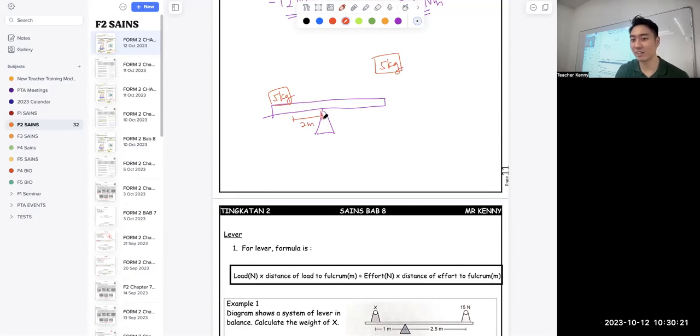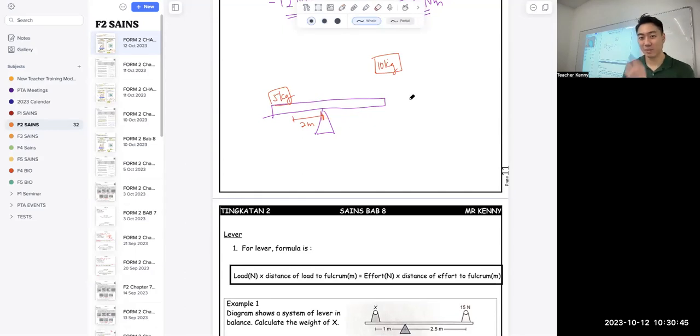Easy, correct or not? I should place it 2 meter away, then they balance each other. Correct? Easy. All of you know. Let me change it up to 10 kg, 2 times heavier.